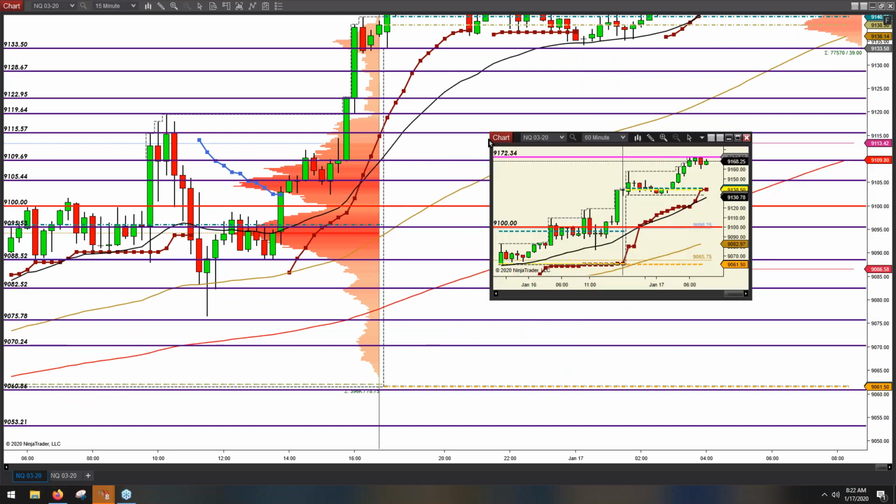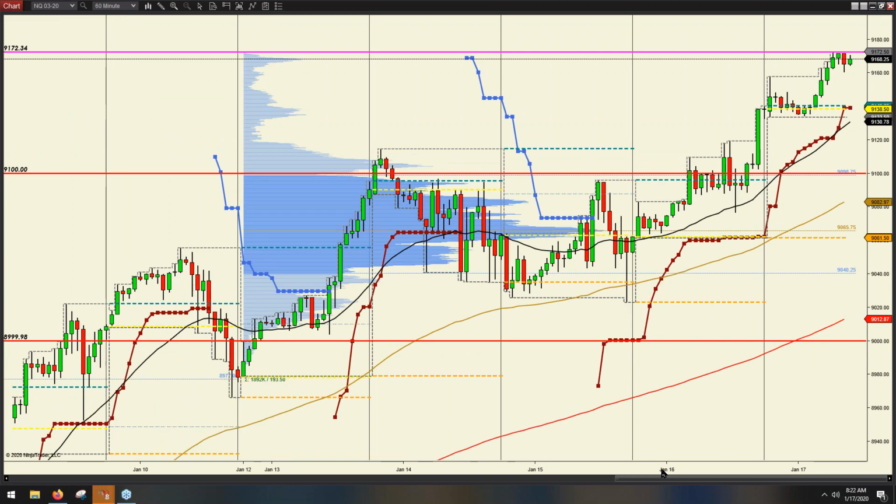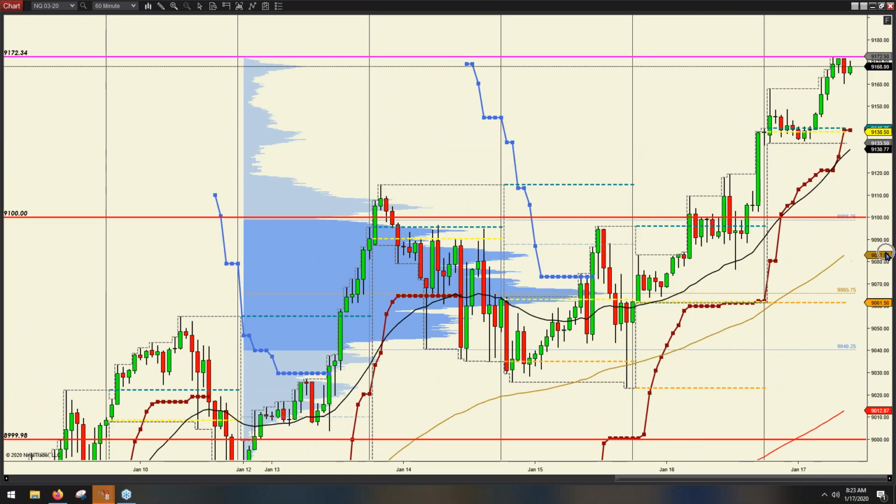Then if you want to take it one step further, you can put this on a 60-minute chart. It doesn't matter what size chart you put it on, but this is giving me the whole week's volume. So at a glance, I can quickly see where all the high volume areas are for this entire week leading up to this moment. Obviously you could see where we've got the higher concentrations.